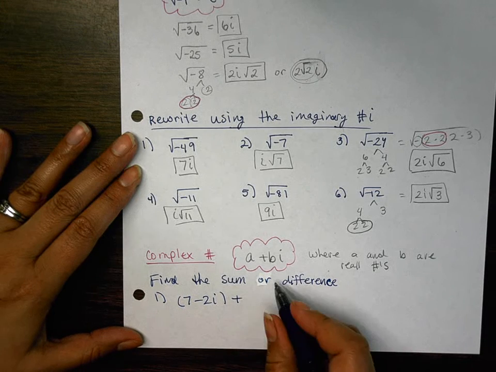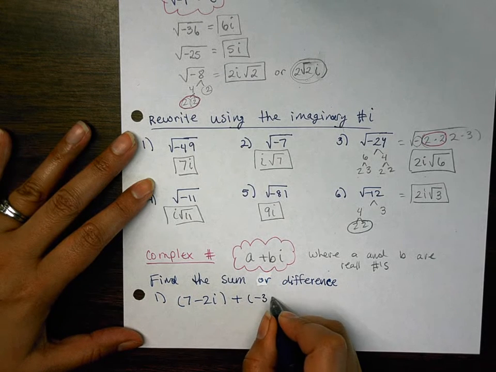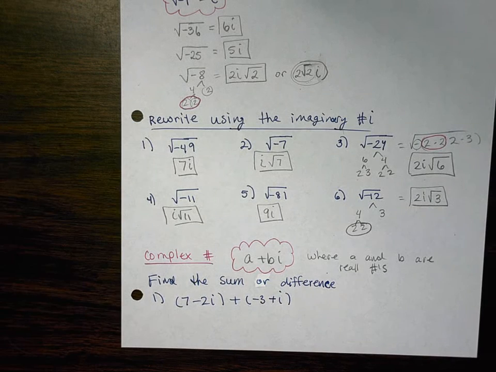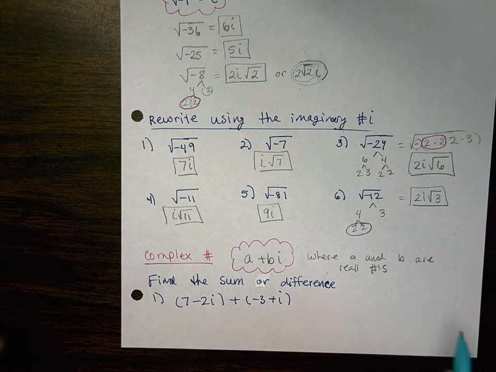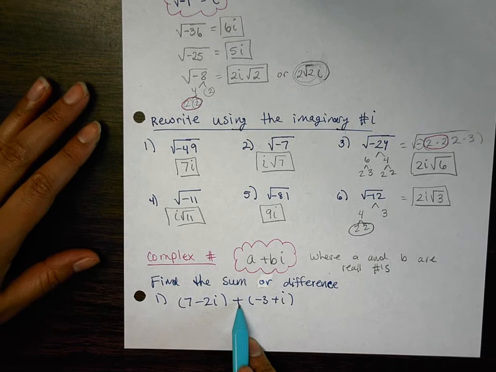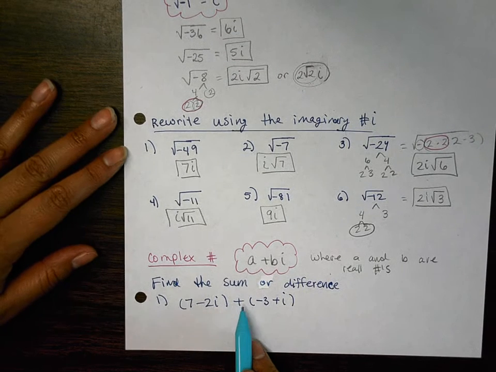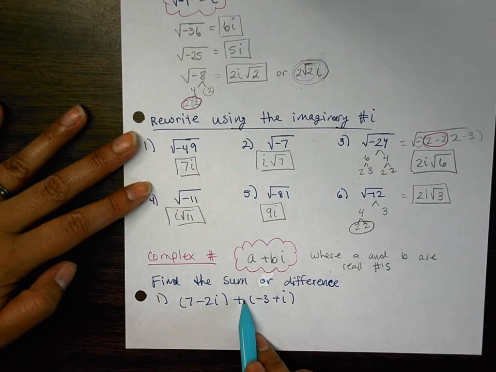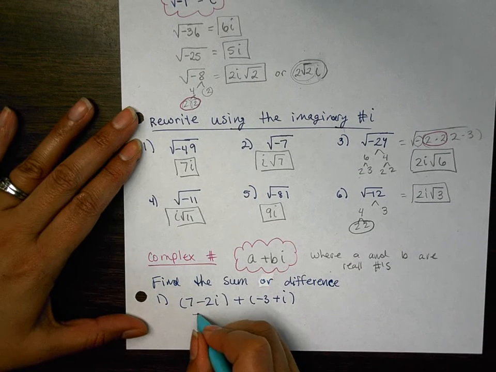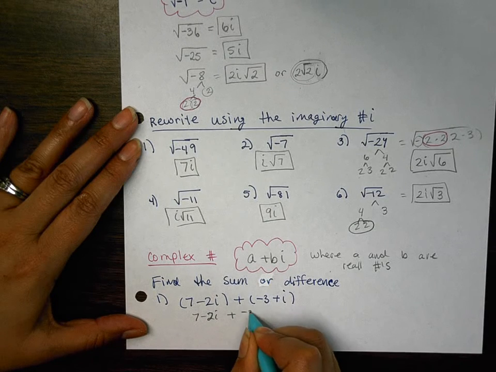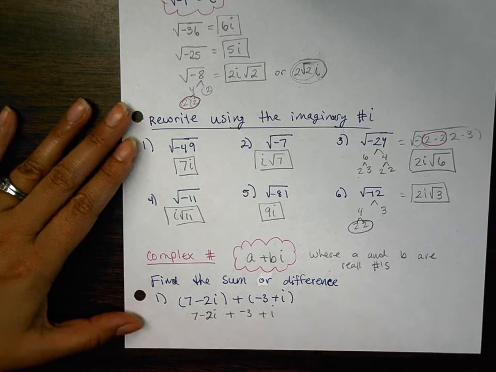In parentheses, 7 minus 2i, close parentheses, plus parentheses, negative 3 plus i. What's in between those two parentheses? Are we going to be doing double distribution here, yes or no? No, this is a plus sign, and I've told you before, if there's a plus sign with nothing to distribute, what do we do with the parentheses? Drop them.